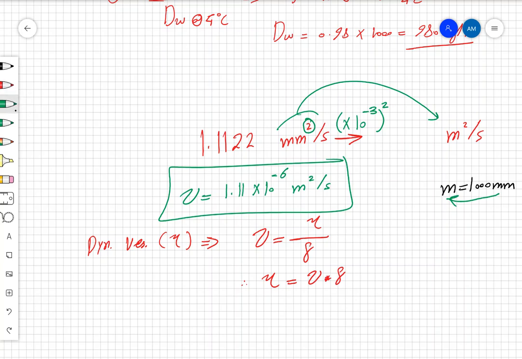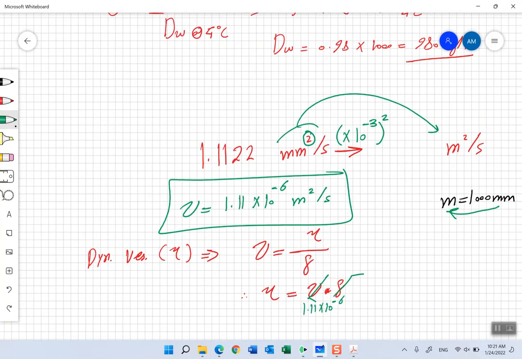So for water, we know that the kinematic viscosity equals 1.11 multiplied by 10 to the negative 6, and the rho of water is approximately 990 kilograms per cubic meter. So let's put the units.